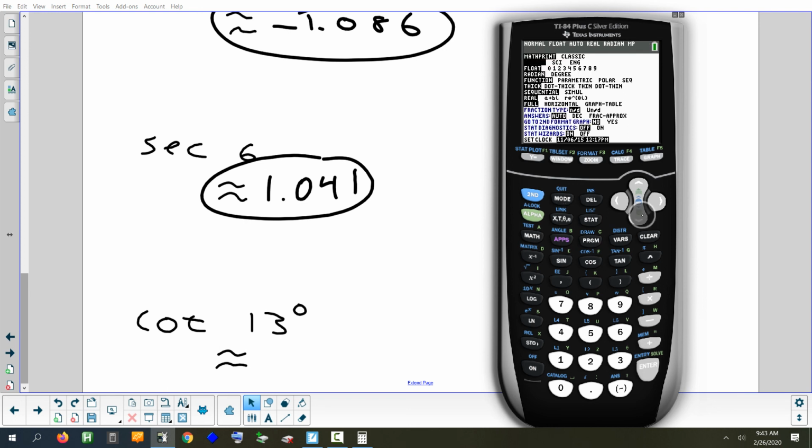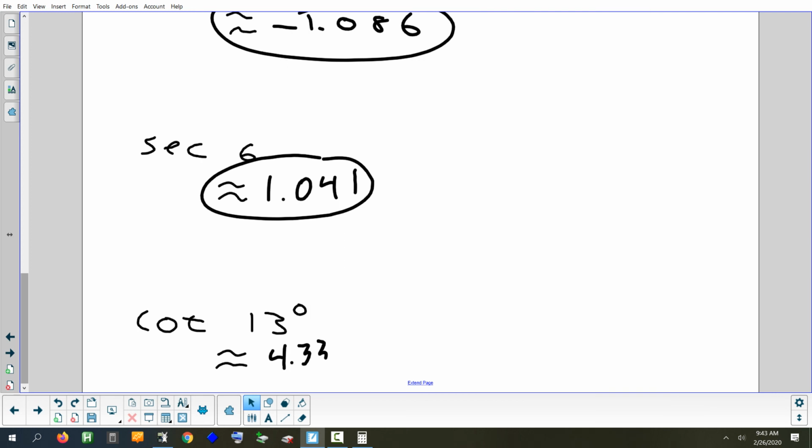You can still go change the mode to degrees, and you're good. On your calculator, you might have to change the mode before you start the problem. I don't know. Depends on your calculator. Right. And you get 4.331. Okay. Any questions on that?